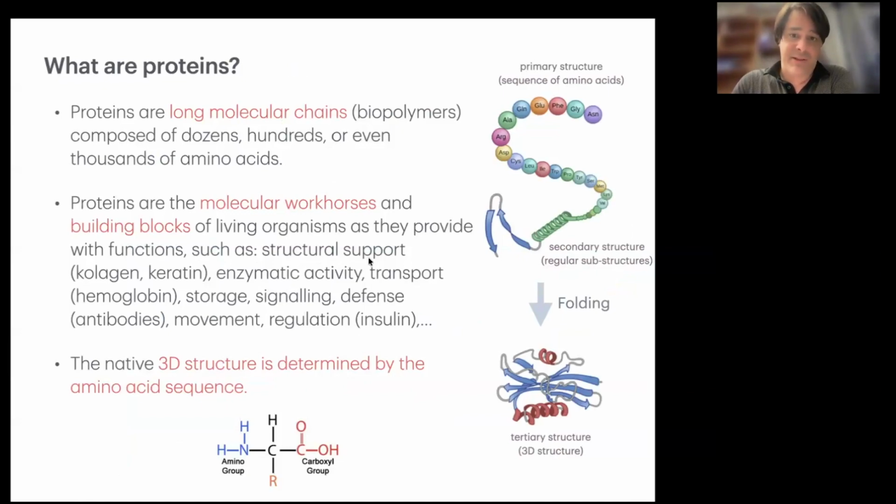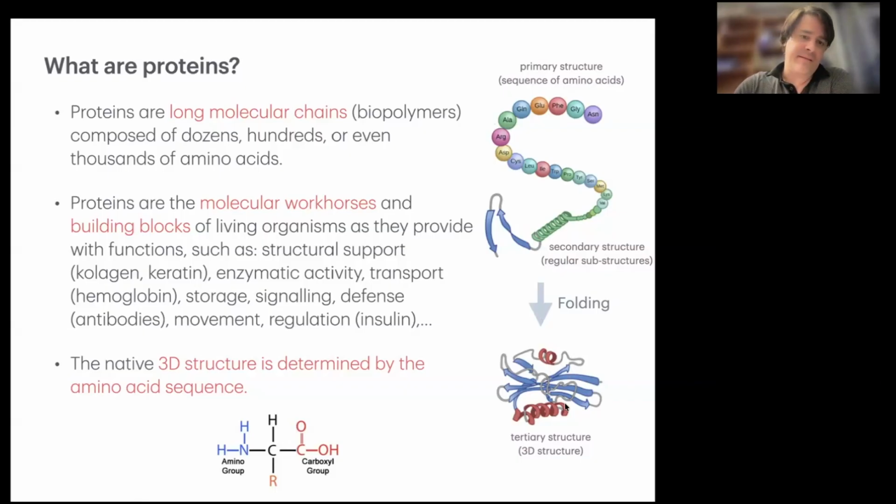So proteins are large molecular chains, also called biopolymers, composed of dozens, hundreds, and even thousands of amino acids. So you have these 4 structures. The primary structure is just a purely linear sequence of amino acids. And we know that this naturally forms into a 3D structure.